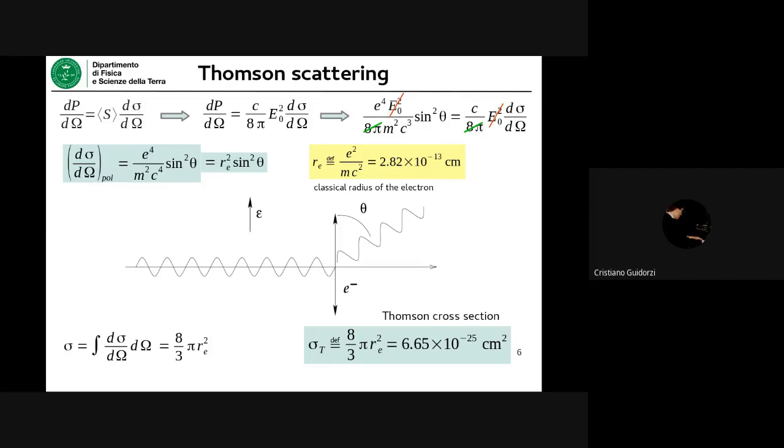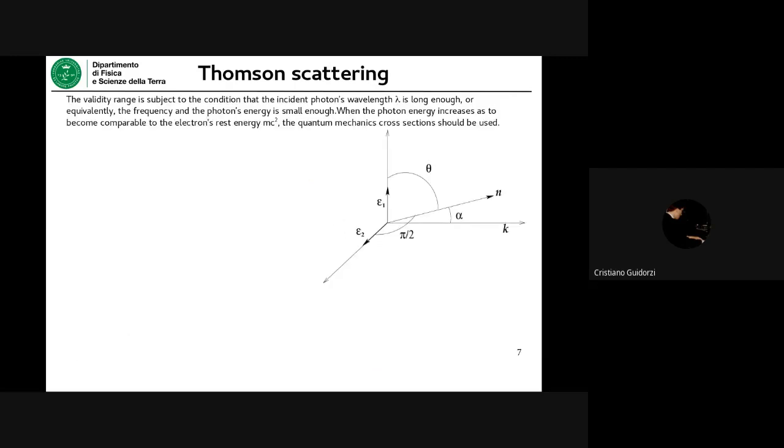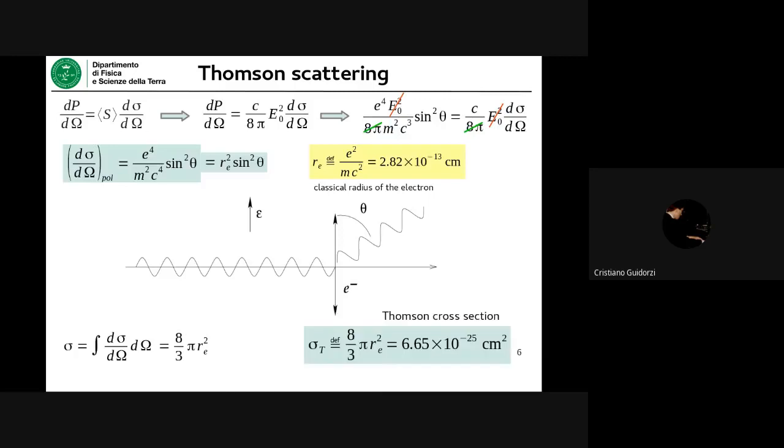Before moving on, this scattering is a kind of coherent scattering, in the sense that the energy of the incoming photon doesn't change. The only effect is that photons that before scattering are traveling along this direction will be scattered to all possible directions, according to the sine squared theta pattern.